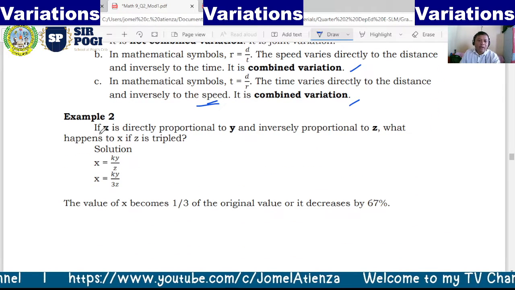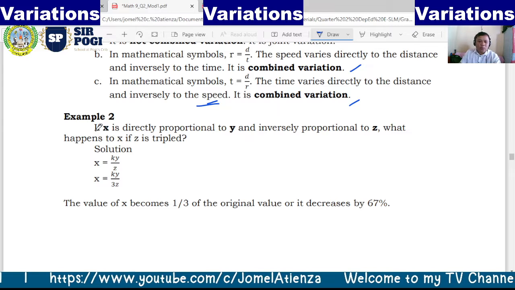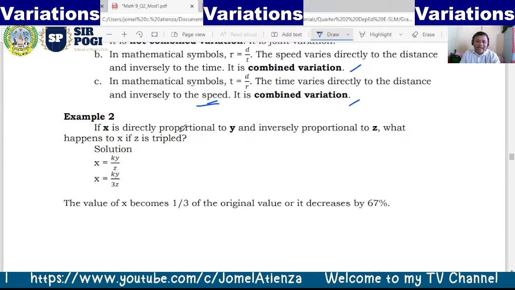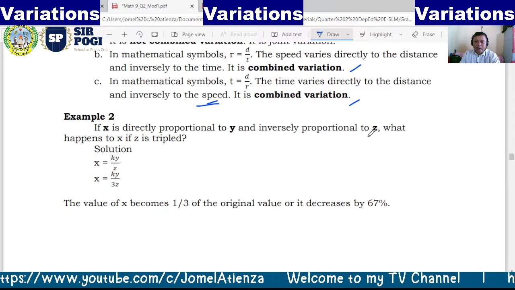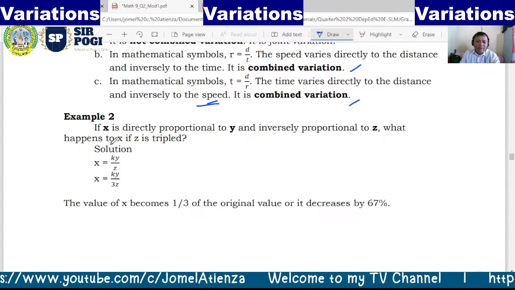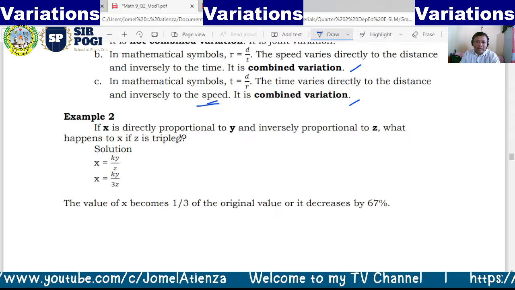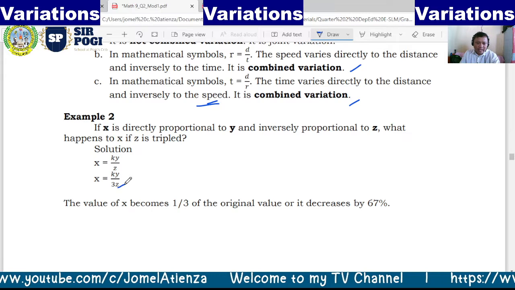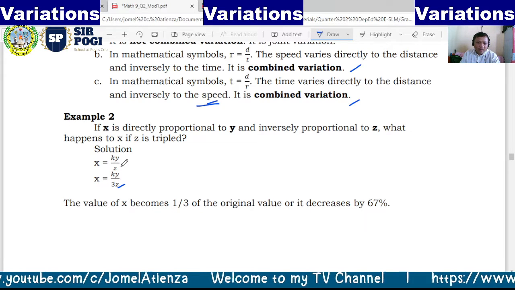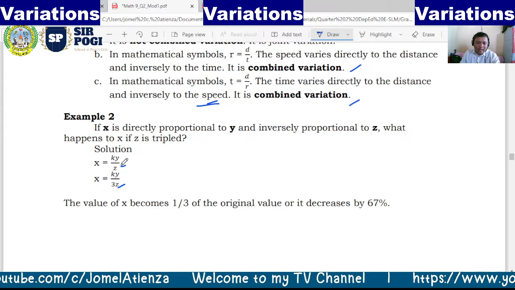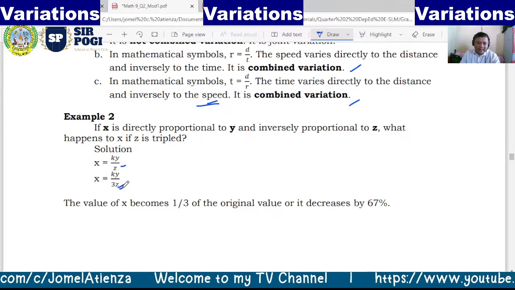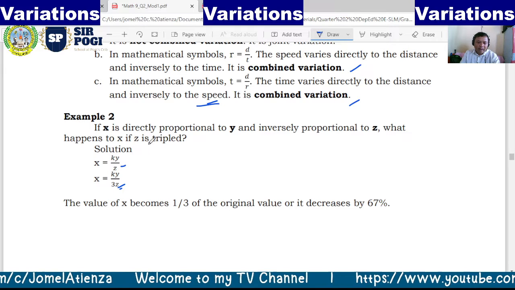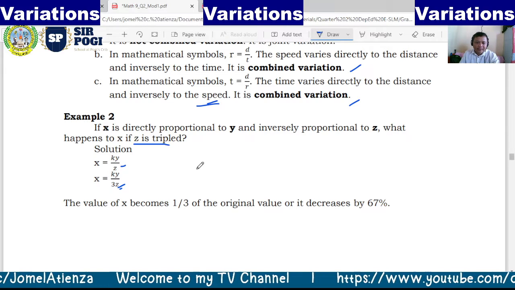Okay? So, example number 2. If x is directly proportional to y and inversely proportional to c, what happens to x if c is tripled? Tripled daw ang c. So, once again, we have x is equal to ky over c. So, ky over 3c kasi triple daw yung c.